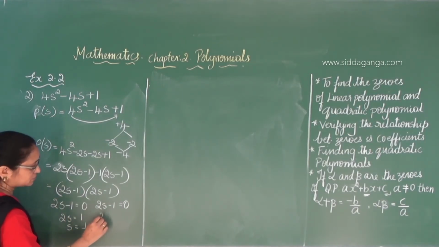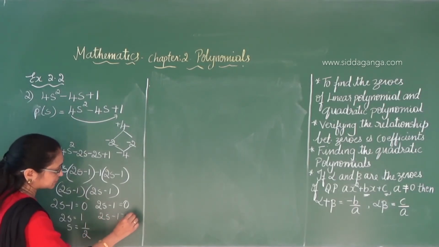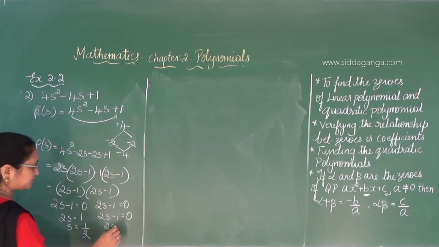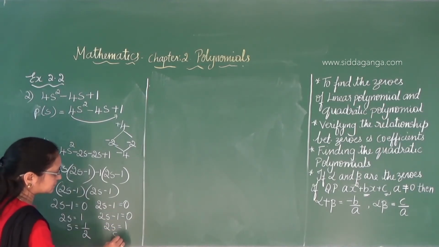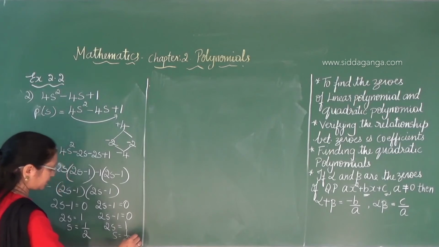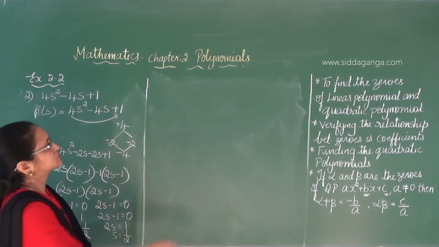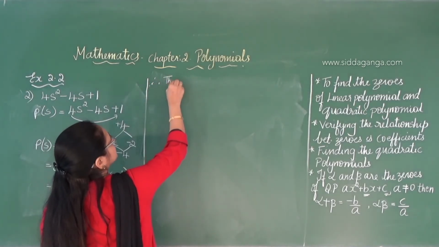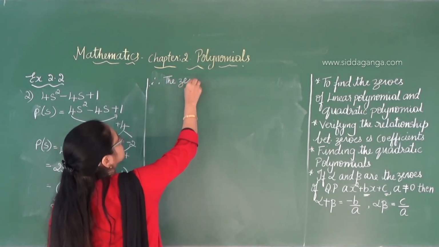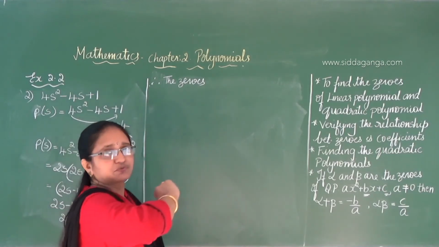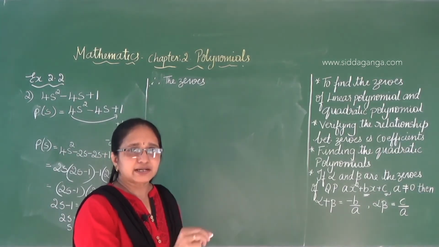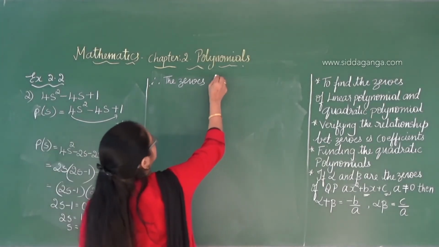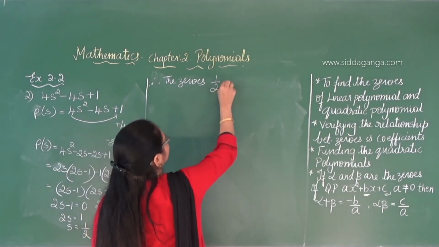Here also 2s minus 1 is equal to 0, so s is equal to half. Now, we got 2 zeros, therefore the conclusion you should write, therefore the zeros. At the most for quadratic polynomial, you will get 2 zeros. Now, here the zeros are half and half.